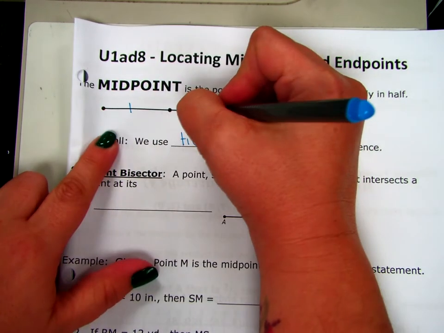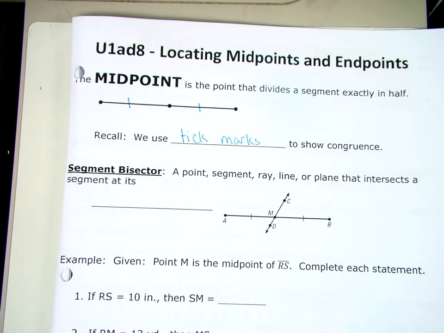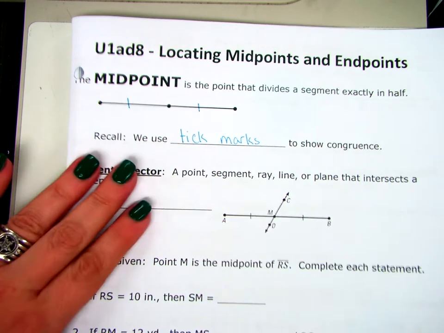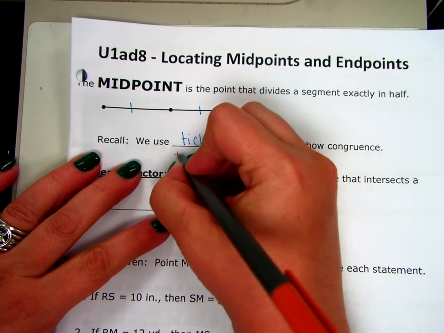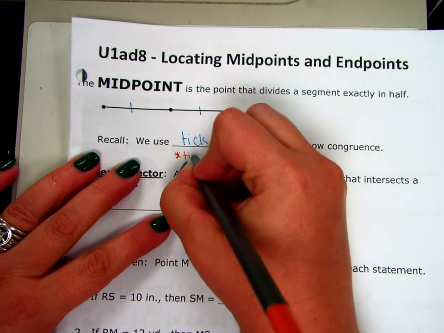So if I ever show you a segment and ask, do you have a midpoint? If it doesn't have tick marks and your answer is no because I don't have tick marks, that may not be the correct answer, because there may have been some algebraic way you could have proven that you had a midpoint, okay?